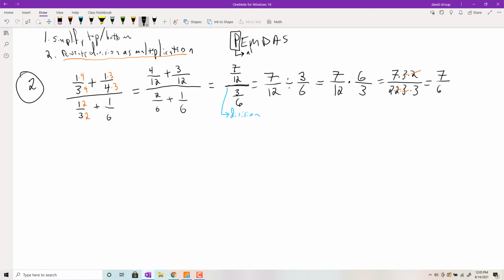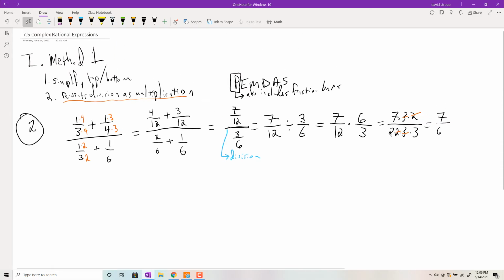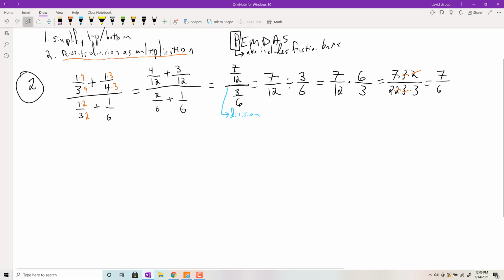This also includes fraction bars. People who haven't taken algebra in a very long time won't remember that fact. They just think parentheses, exponents, multiplication, division. Okay, let me move on.